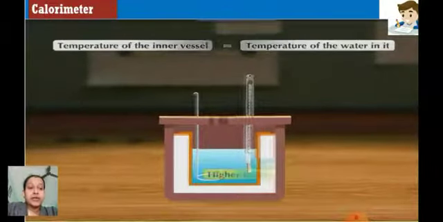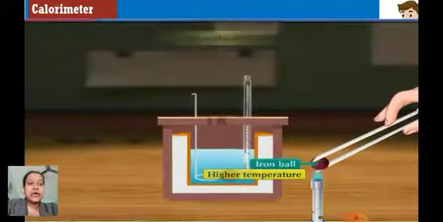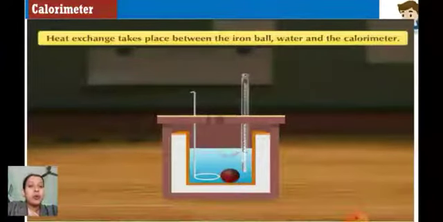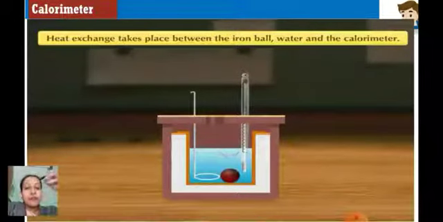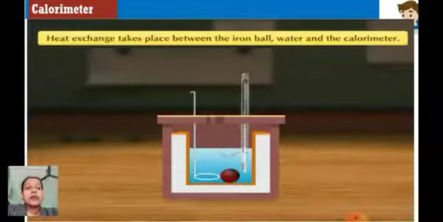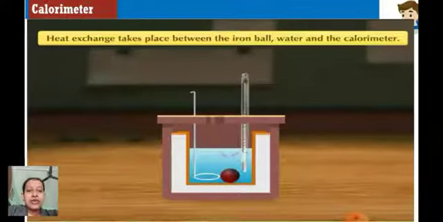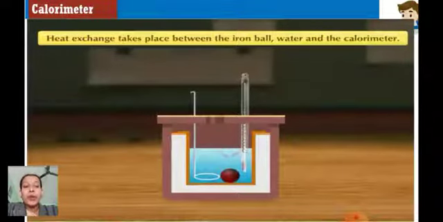Suppose you take any object and heat it, and place that same object inside the water. You will find that when this hot object is placed inside the calorimeter, there will be an exchange of heat. The hot object will give away heat, whereas the water inside the calorimeter and the inner vessel will absorb the heat.